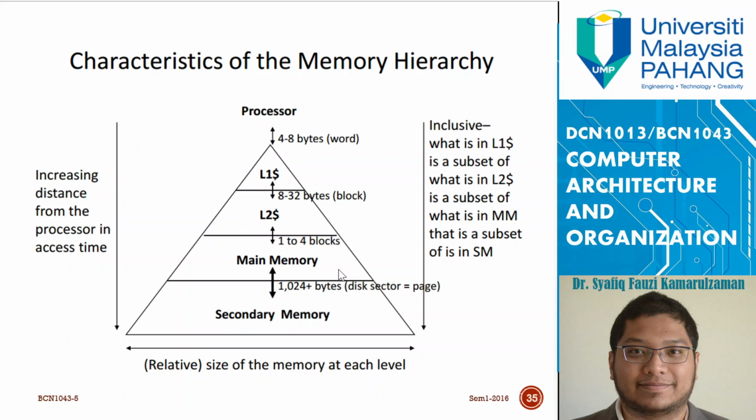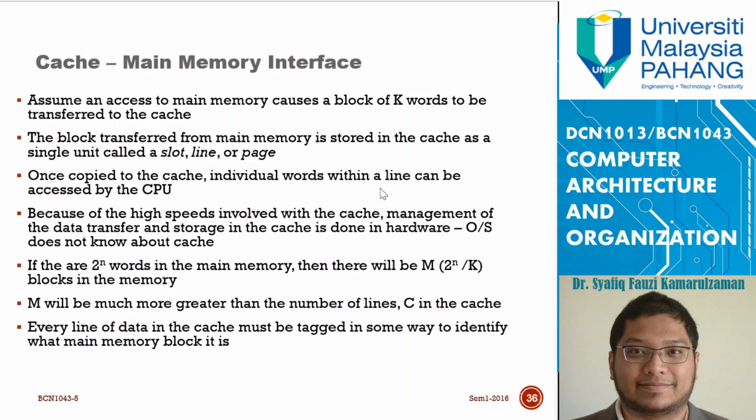From main memory, they have around 1000 gigabytes. Currently we have about 16 gigabyte, 32 gigabyte PCs. Other than that, they will transfer according to this sector from the secondary memory. So this is how your main memory works with the cache memory.